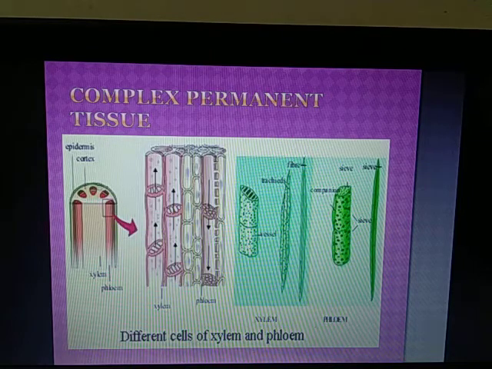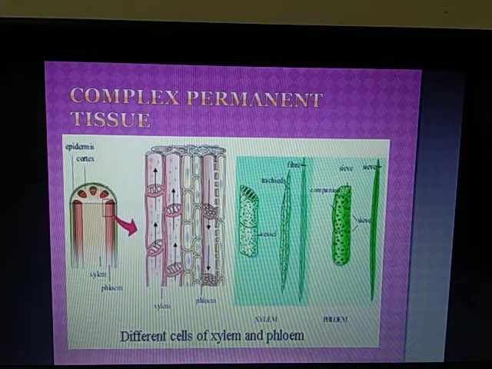One more is added, that is sieve cells, sieve tissues. And next is C, companion cells. You have your companions, so you remember it from that, companion cells.